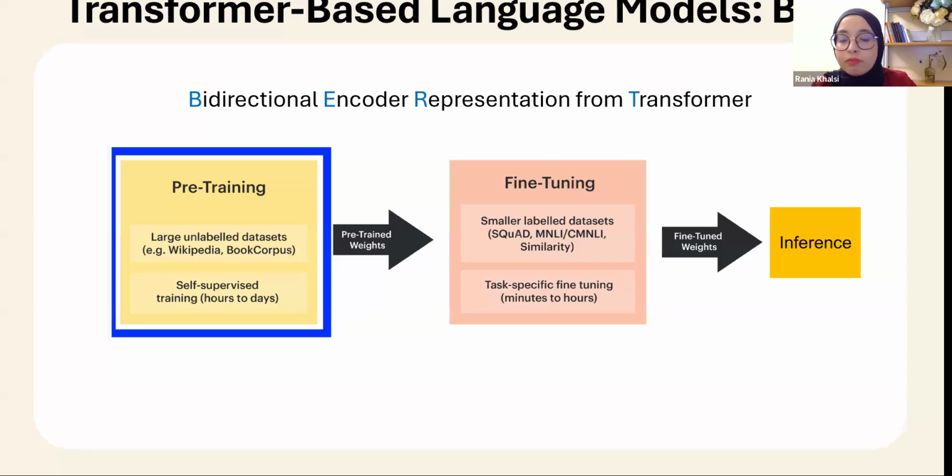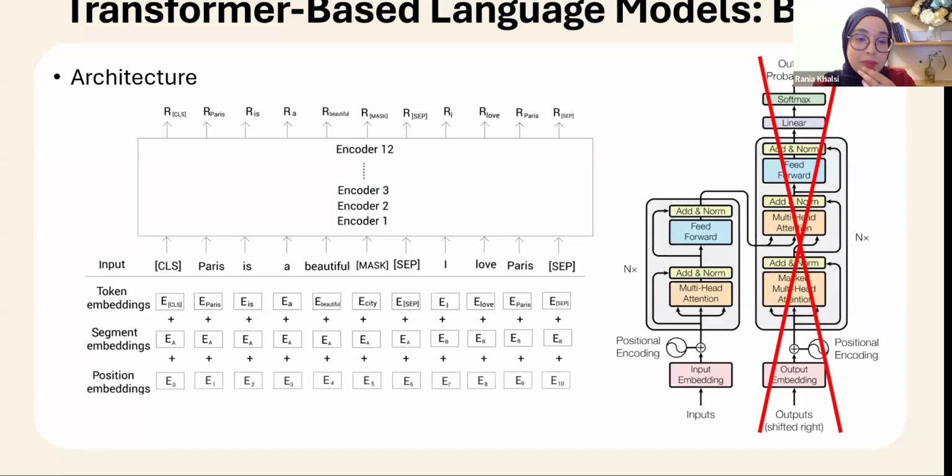The key difference, like I mentioned, is that BERT is based only on the encoder part of the transformer, while GPT is based only on the decoder part. So although they belong to the same transformer family, each one uses a different half of the original encoder-decoder design, depending on the task.